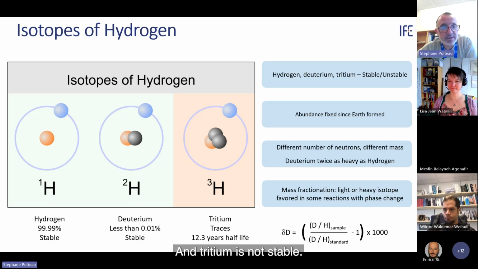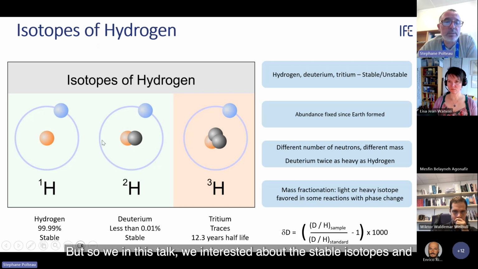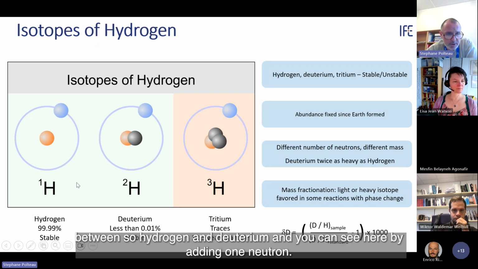Yeah, and tritium is not stable, it is radioactive. So it decays with time. And you can see the half-life is 12.3 years. But in this talk, we're interested in the stable isotopes, hydrogen and deuterium.